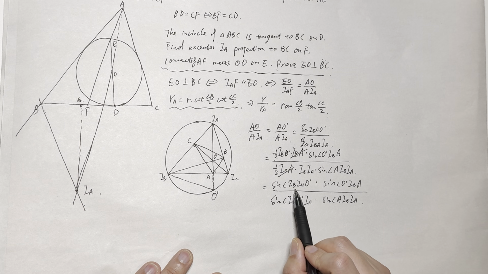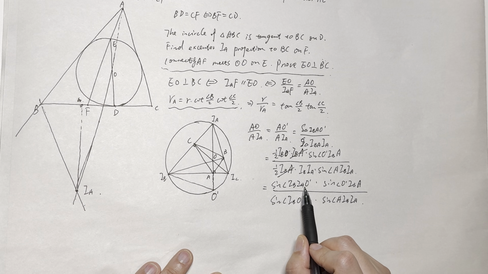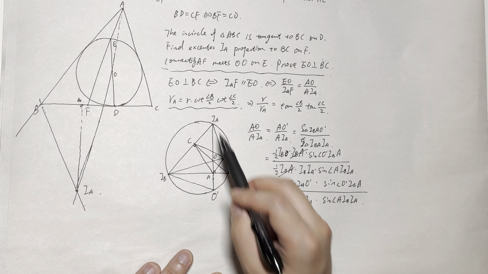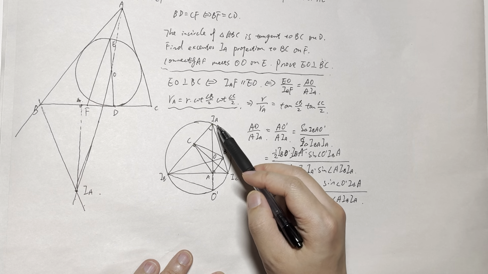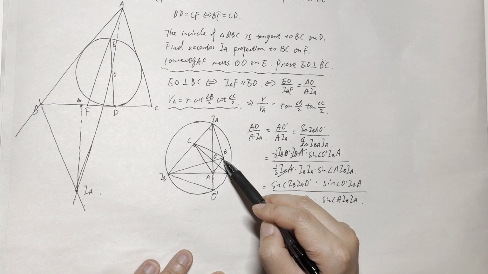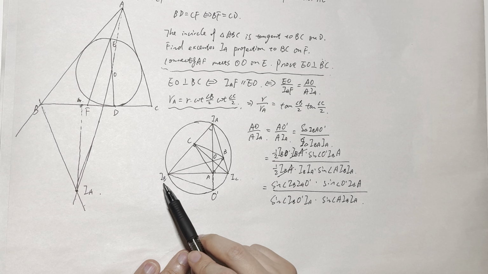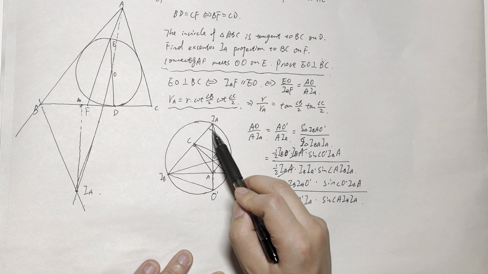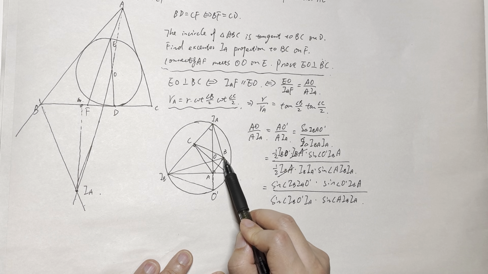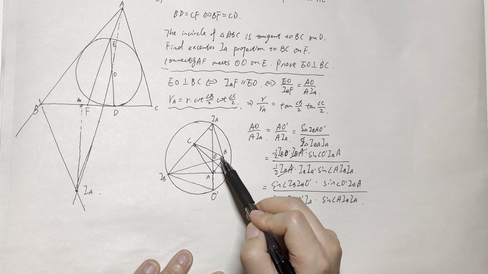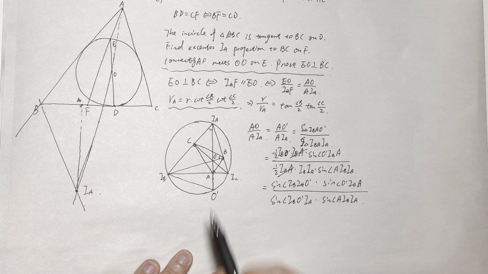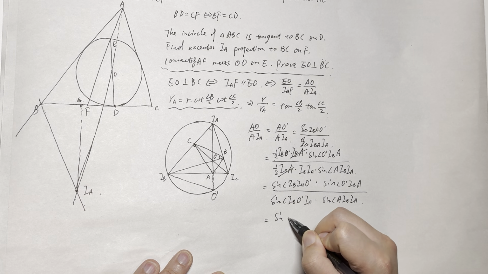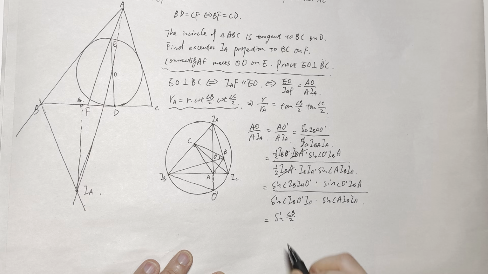So what is angle IBIAO prime? We know that IACOB, these 4 points are cyclic, which means angle IBIAO prime, this angle, equals angle CBO, right, equals this one. And we already know this is half angle B, so it equals sine half angle B, right?